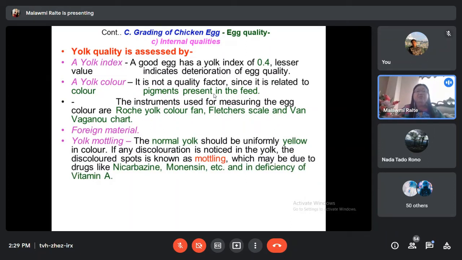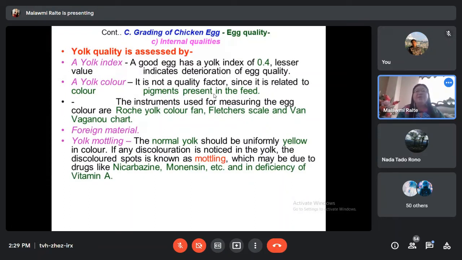Then the foreign material, like there is a term called yolk mottling. Yolk mottling means the normal yolk, as I have said, should be yellow in color. It might be light yellow or dark yellow, but normal yolk is yellow in color. So if there is any discoloration noticed in the yolk, then the discolored spot is called mottling.